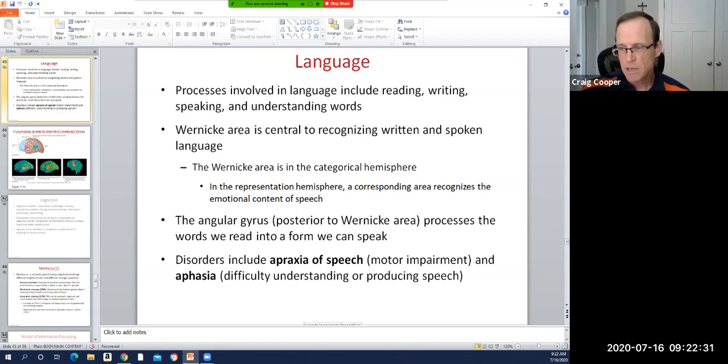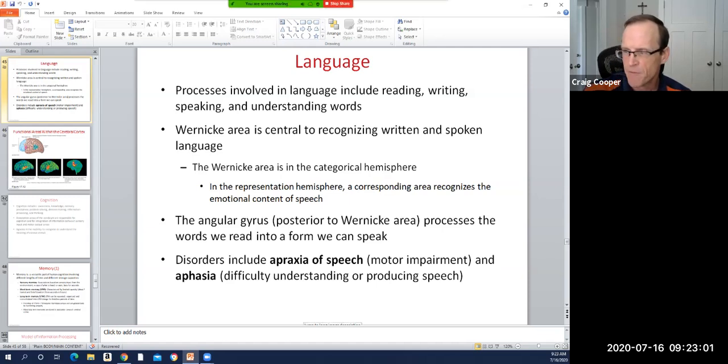If you have expressive aphasia, you understand what's being said, but you can't get the words out to respond appropriately. If you have global aphasia, it's kind of both. I can't make sense of what's being told to me, and I can't form a coherent sentence to say anything meaningful either. These people might be able to form words, because Broca's might still be working, but those words are not in the correct order or the correct context. They're just more randomly generated.